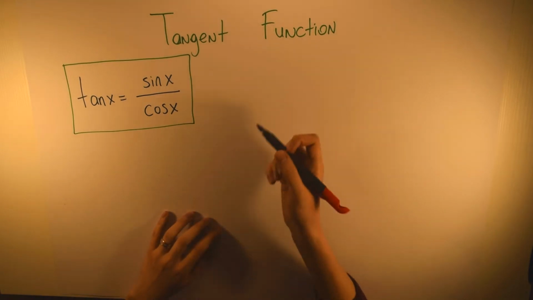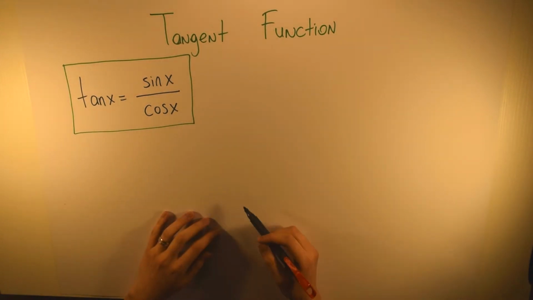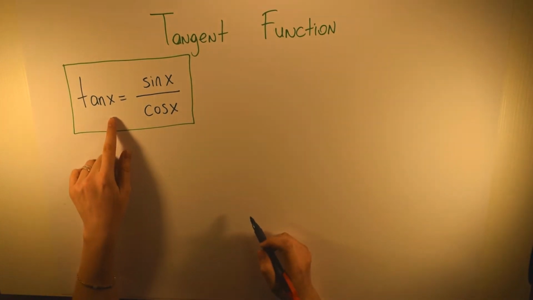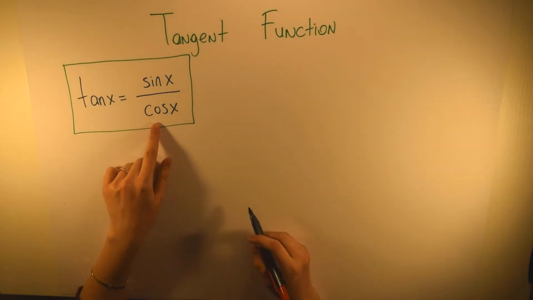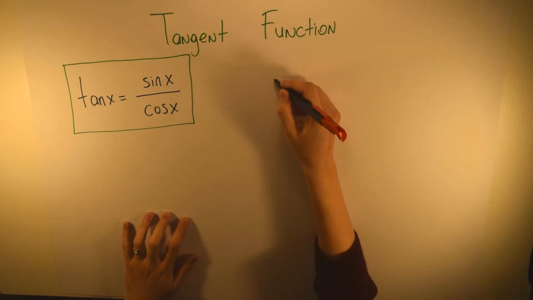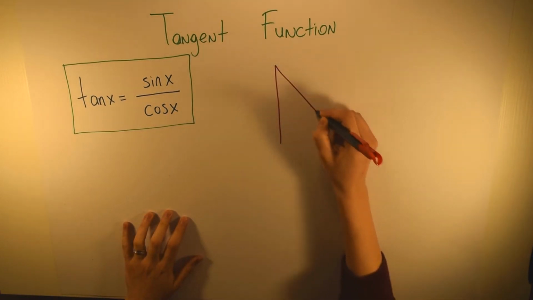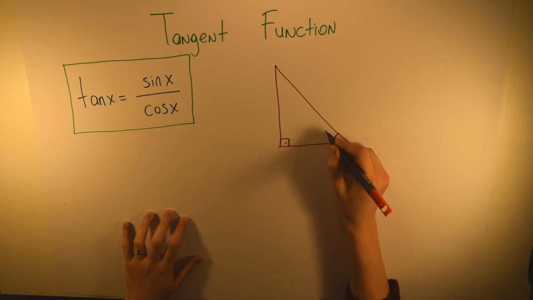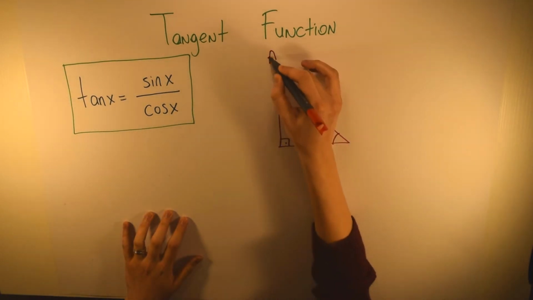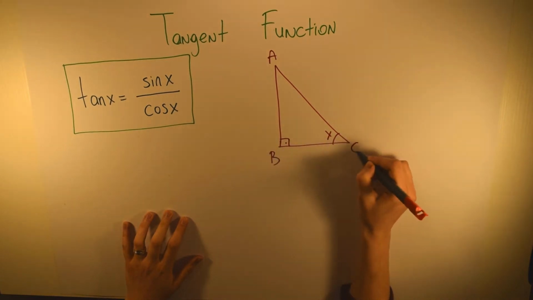Let's continue with the tangent function. Another formula for tangent is tangent x equals sine x over cosine x. Why? Because when you draw your right triangle, let's say this is our angle x, and we have this right triangle ABC.